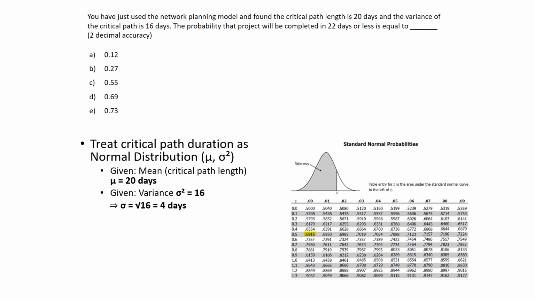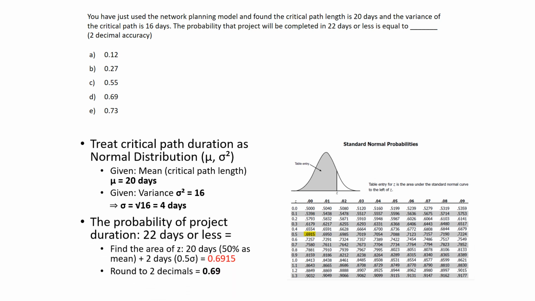The probability that the project will be completed in 22 days. So we want to finish within 22 days. 20 days are given as the mean, so that's already 50%, and 2 days are added. 2 days are half of 1 sigma of 4 days.